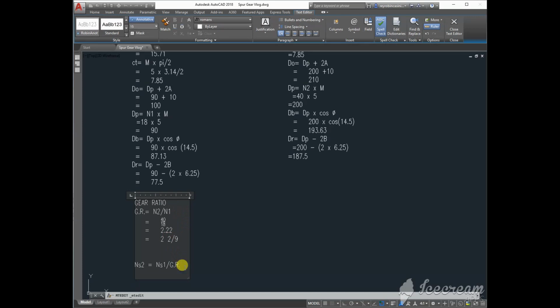And if the angular speed of the pinion gear is 100 rpm, we divide it by the gear ratio, which is 2.22. This will be equal to 45 rpm.